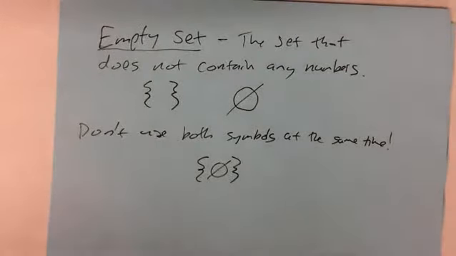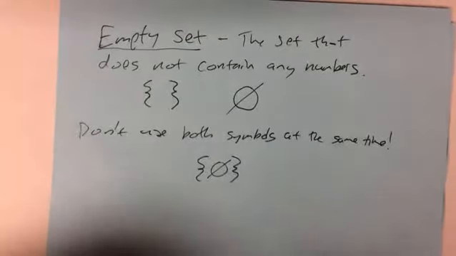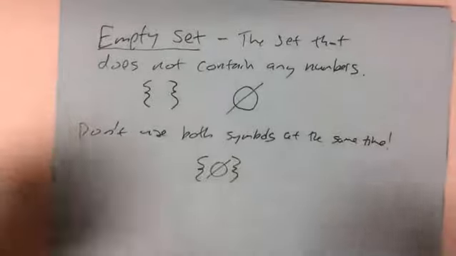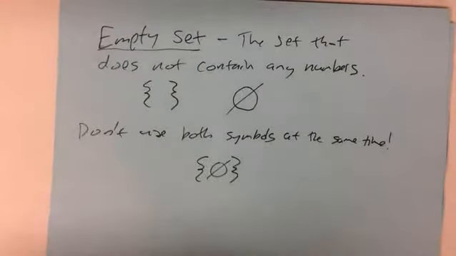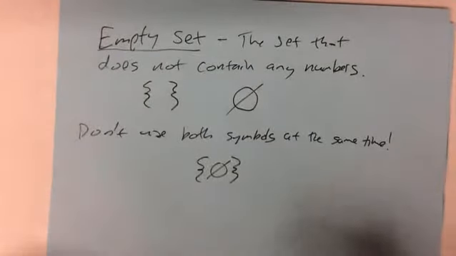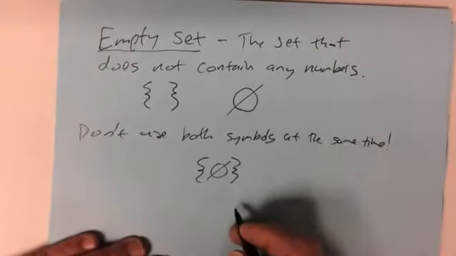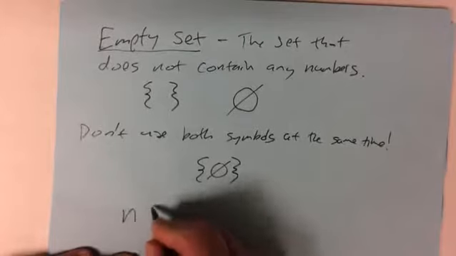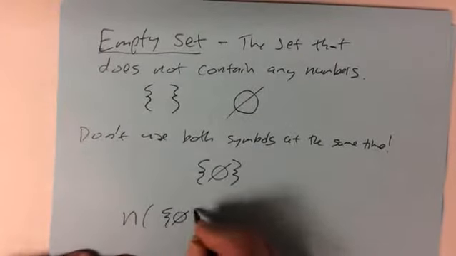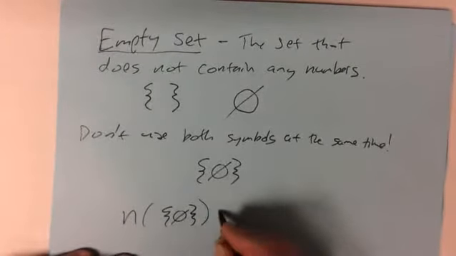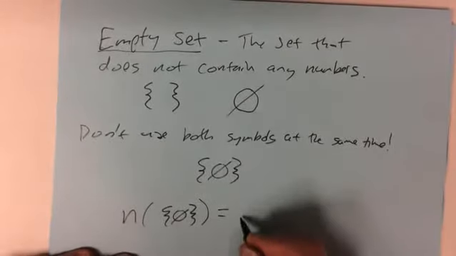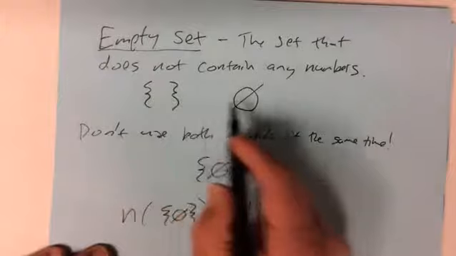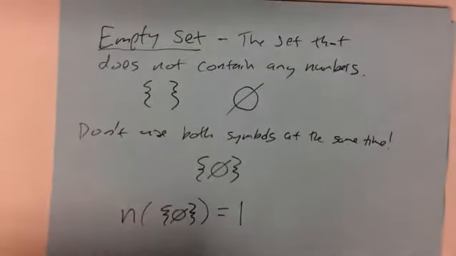You have the set that contains the empty set. There's actually one object in this set, and the object just happens to be the empty set. And that has a cardinality of 1. Okay? So the cardinality of this would equal 1. There's one element in there. But the cardinality of both of those is equal to 0.